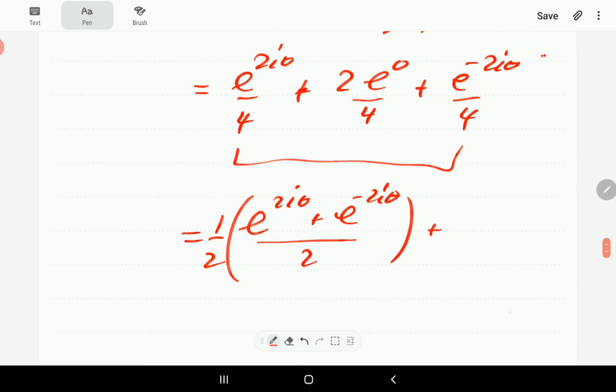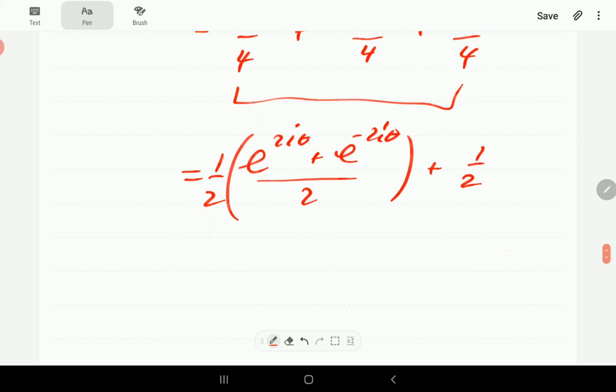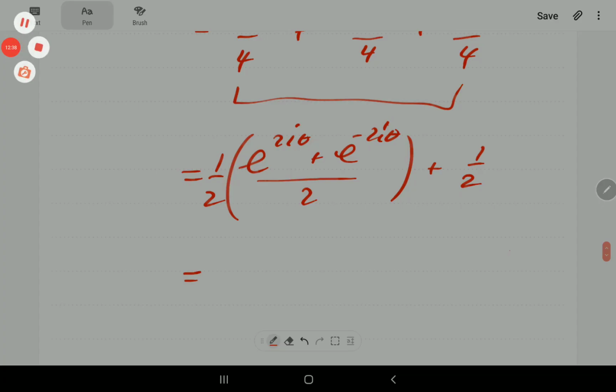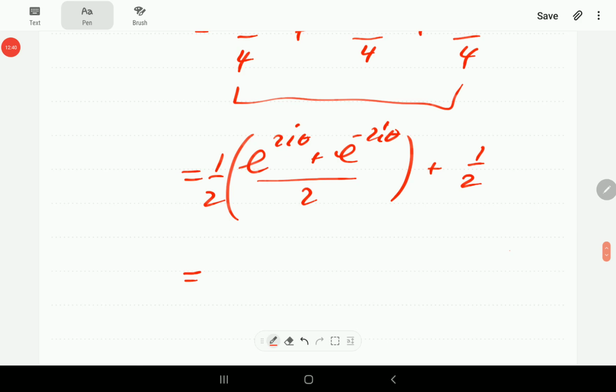And then this one is just going to be 2 over 4, which is 1/2. So then factoring out 1/2, this is now giving us 1/2 into cosine 2 theta plus 1.